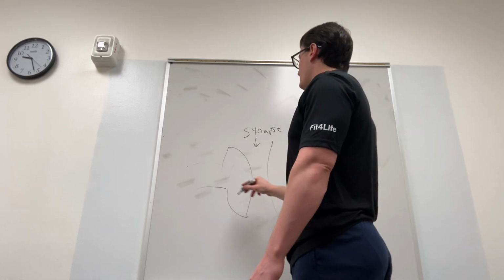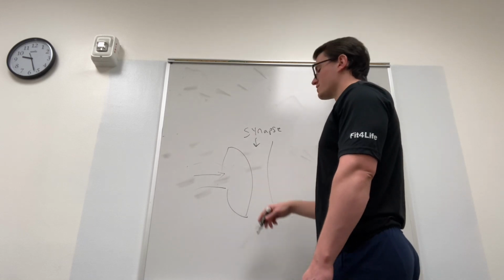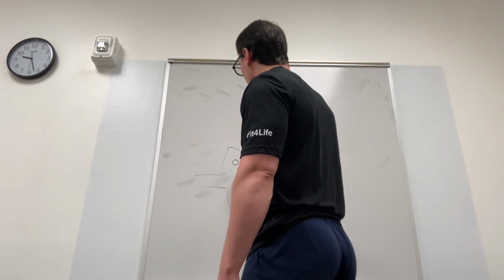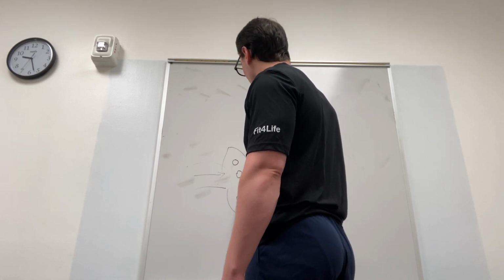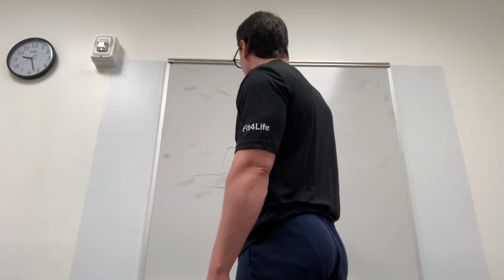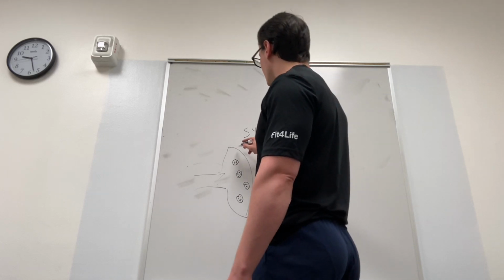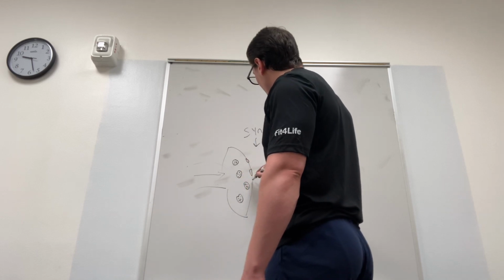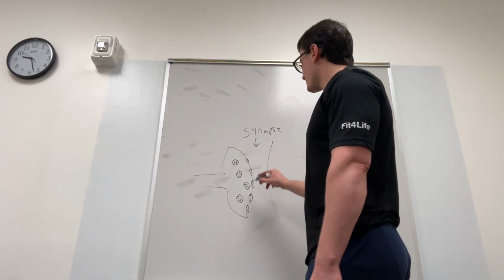And in order for us to get this signal across with a chemical synapse, we're going to have all these vesicles, kind of like bubbles, filled with hormones or neurotransmitters or whatever. We're going to have these SNARE proteins along the end of this synapse.